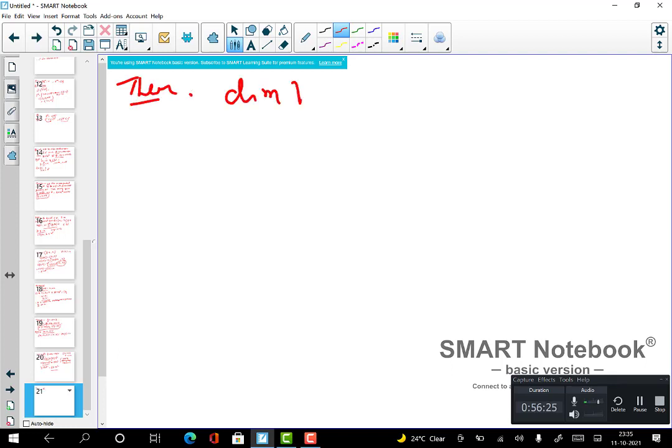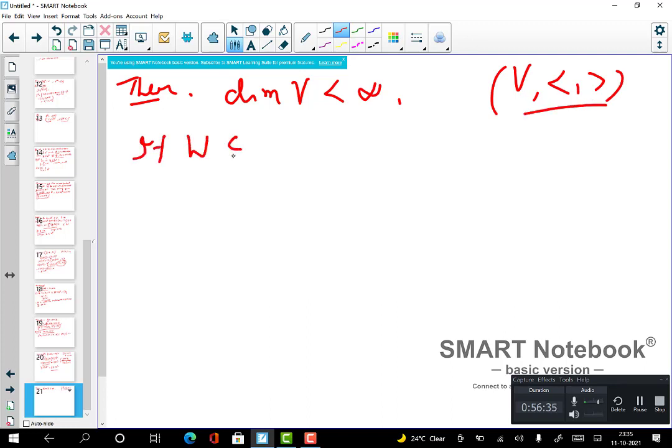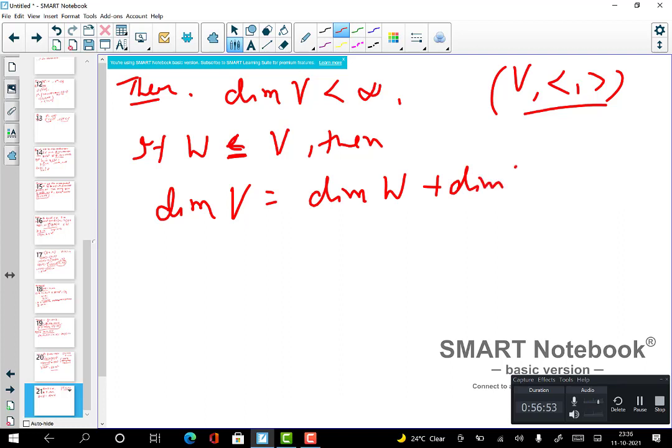Given that the dimension of V is finite, and V has some inner product, and W is a subspace of V, then the interesting fact is that the dimension of V is the sum of the dimension of W plus the dimension of W perp. This is a very interesting fact.